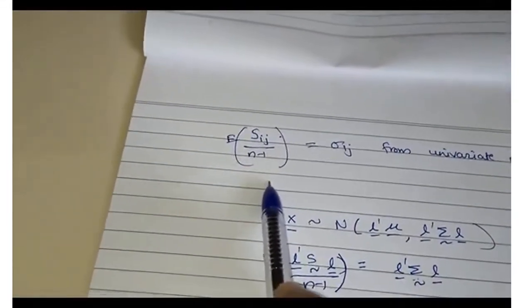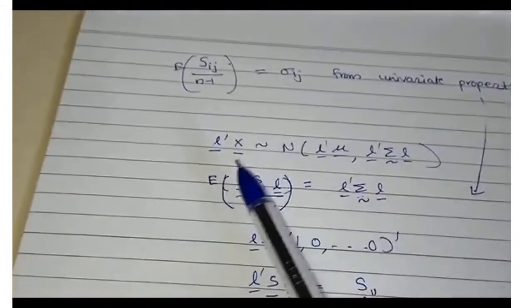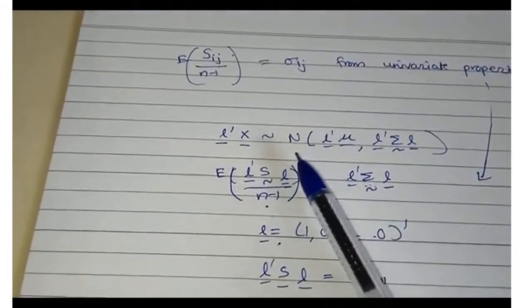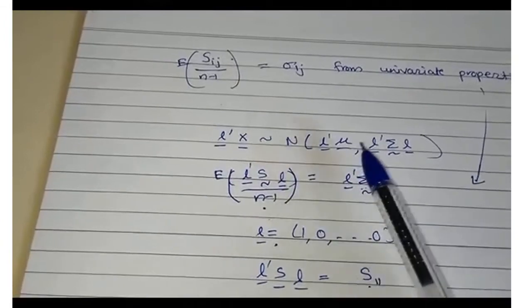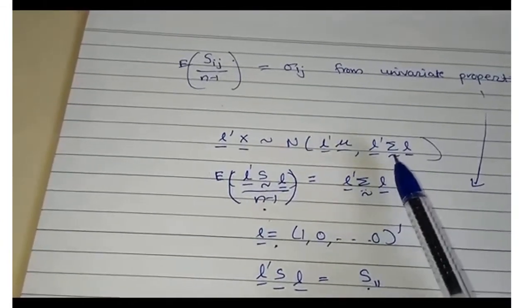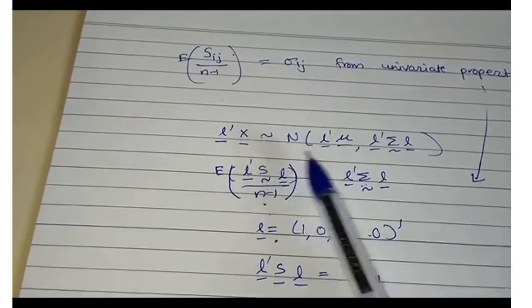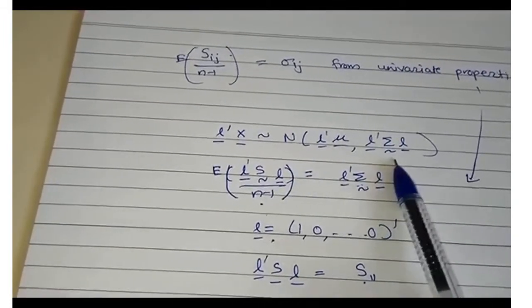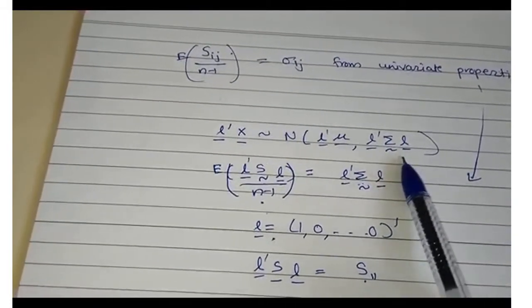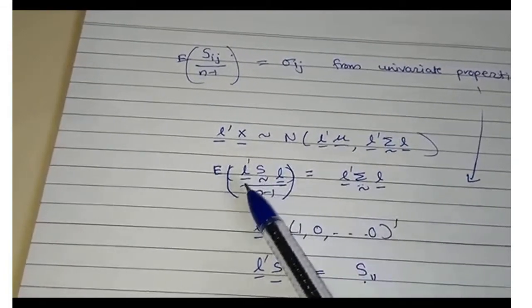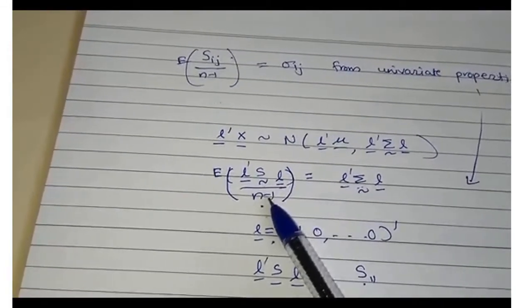So as I said, you can either go by this component-wise argument, or you can first define L prime X to have just a univariate normal distribution with mean L prime mu and variance L prime sigma L. Then, because L prime sigma L is the variance in the univariate case, it can be estimated in an unbiased manner by L prime SL upon n minus 1.